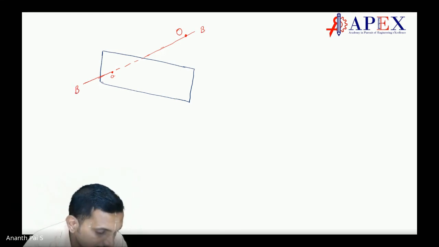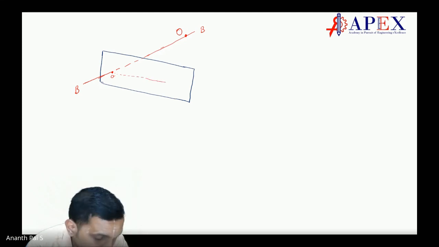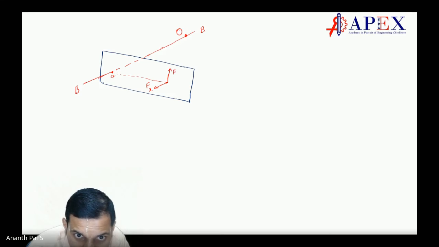On this plane, let us take a force. Whatever the force, we are not worried. Let us take a force component Fx acting in this direction, perpendicular to that Fz, and perpendicular to that along this plane, Fy.